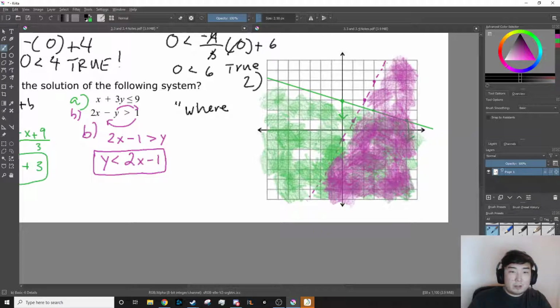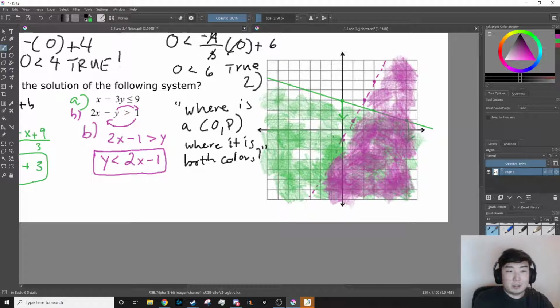Where is an ordered pair where it is both colors? And that should be within this area right here.